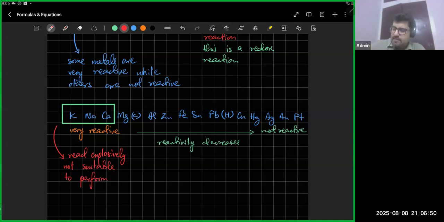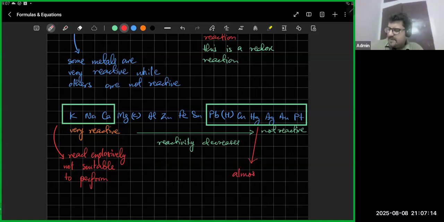The ones that are below H, and let's include lead as well, pretty much have no reactions with dilute acids. With very, very concentrated acid, they might react, but almost no reactions.